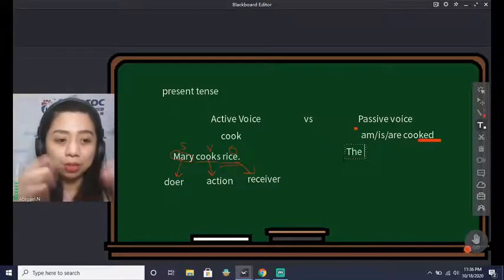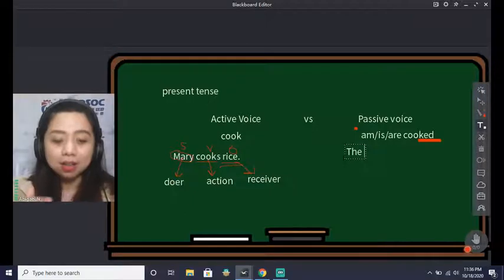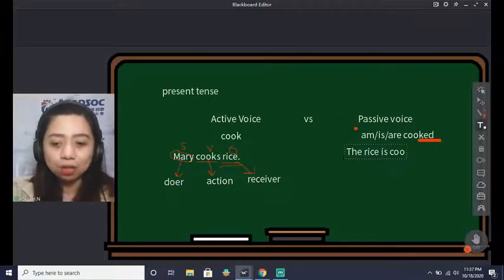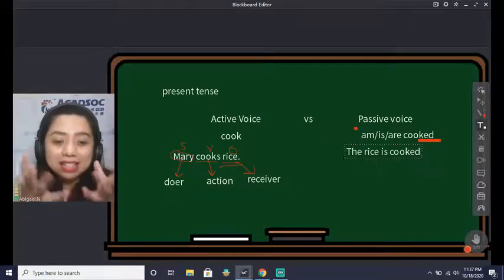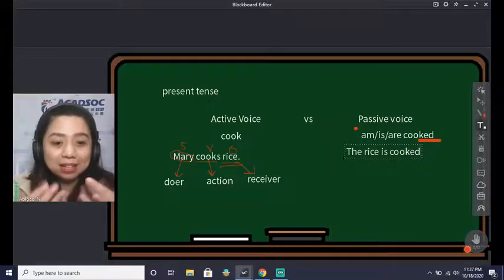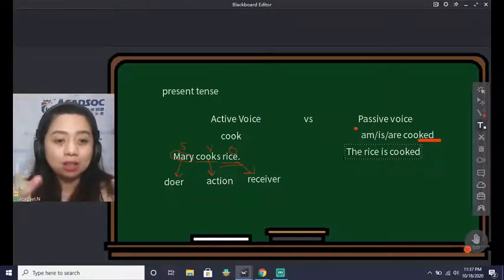So, we will add the article: the rice. Okay, the rice, it's an uncountable noun, so we're going to use is. The rice is cooked. We don't use are because it's uncountable. When you say uncountable, it's not countable. You can't count the rice. Literally, you can count it 1, 2, 3.